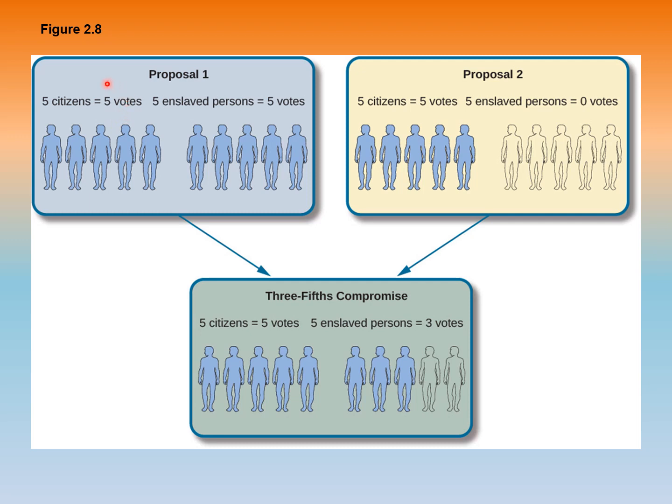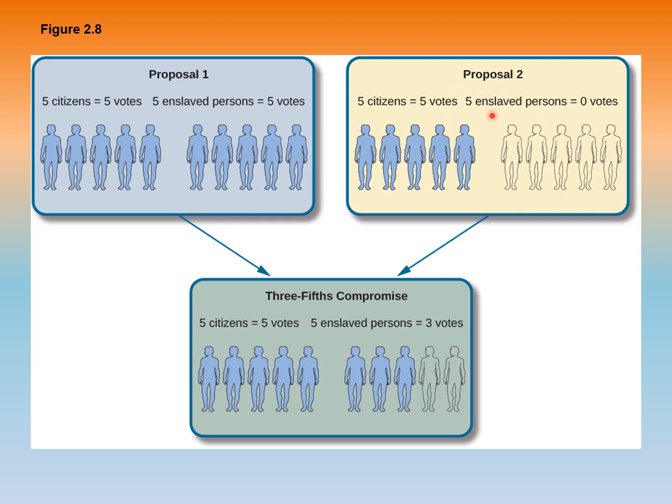So 5 citizens equal 5 votes, 5 enslaved persons equal 5 votes. So that's a 1-to-1. The second proposal, 5 citizens equaled 5 votes, 5 enslaved persons equaled 0 votes. All right. So proposal 1 was the Southern, proposal 2 was the Northern.